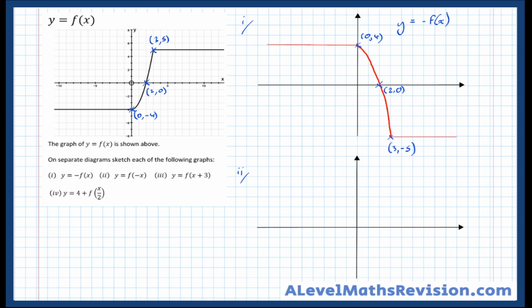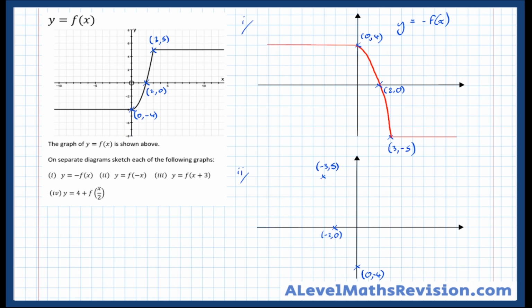So 3, 5 becomes minus 3, 5. 2, 0 becomes minus 2, 0. Labeling all these as we go. And then 0, minus 4 stays as it is because we're timesing the x-coordinates by minus 1.